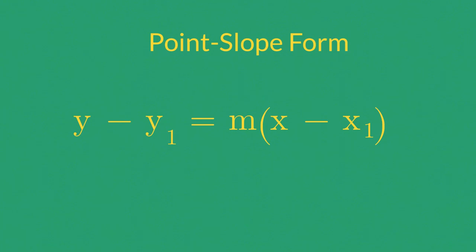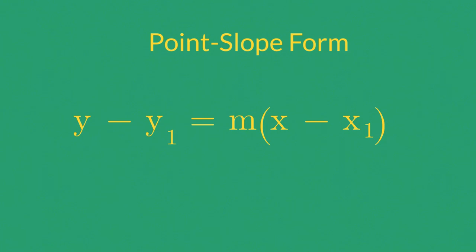Go ahead and jot this form down. Okay? This is point-slope form. And the way that we're going to say this, as you're writing it, is y minus y sub 1 equals m, which is your slope, times x minus x sub 1.